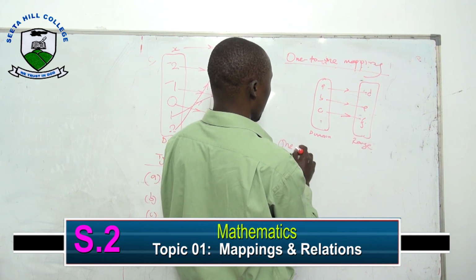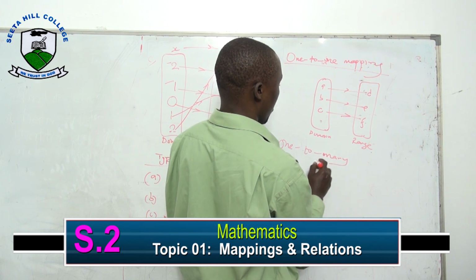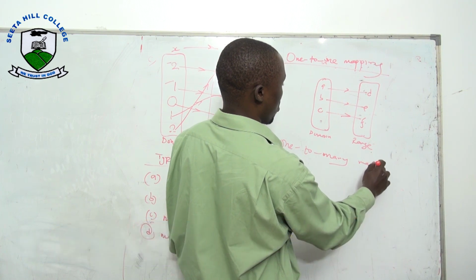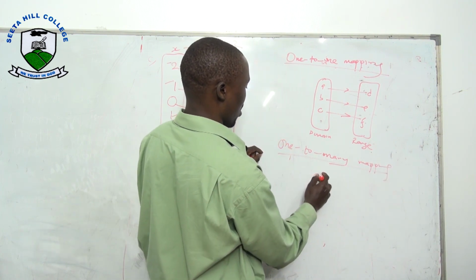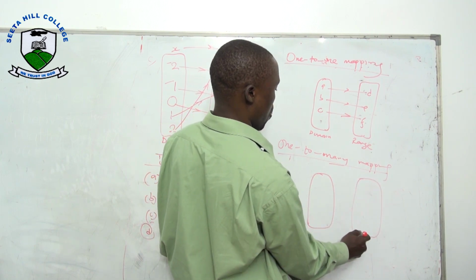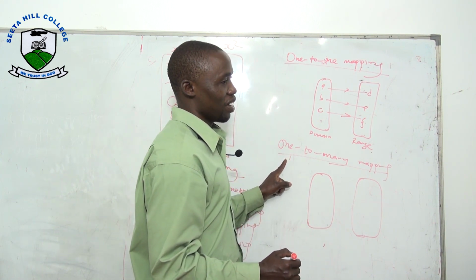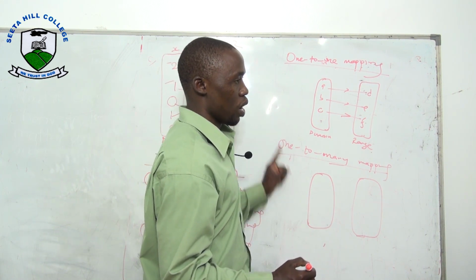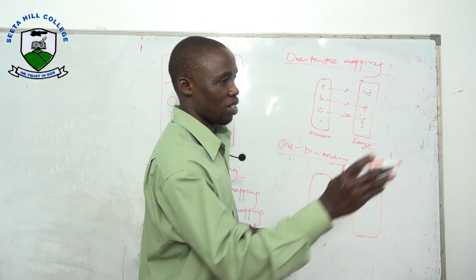Define now many to one. This is the type of mapping where two or more domains are corresponding to one range. Remember you are defining one to many. Yes, Patience.